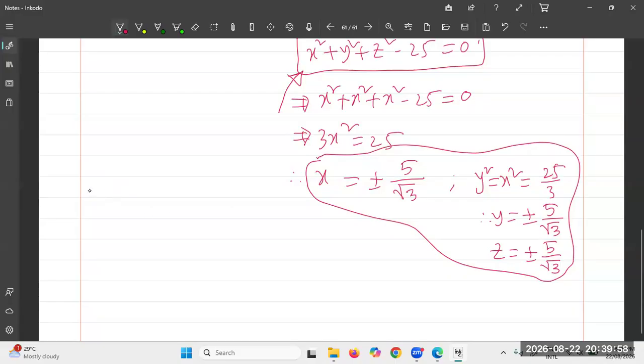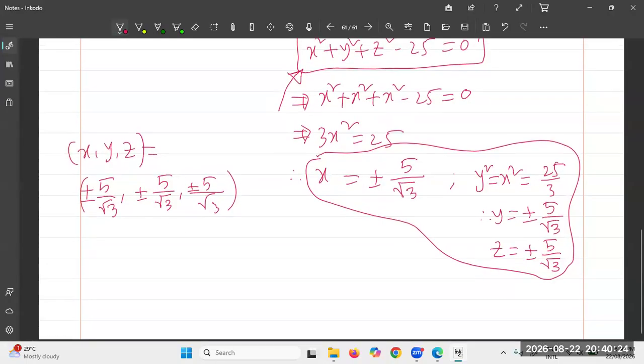Because we have two choices of x value, plus minus 5 divided by root 3, two choices of y value, and two choices of z value, plus minus 5 divided by root 3. So these are the points where the function has extreme values.